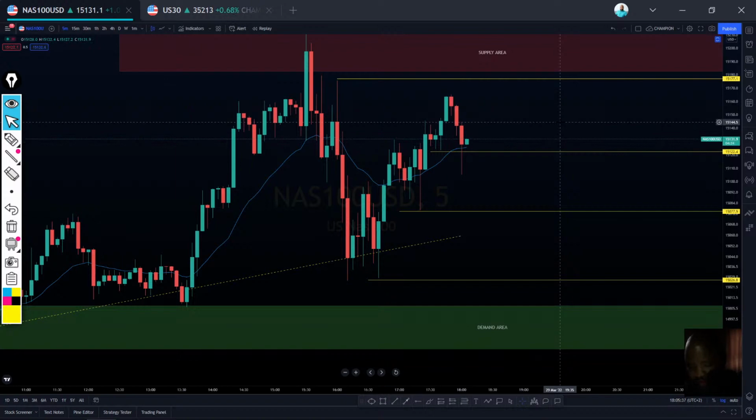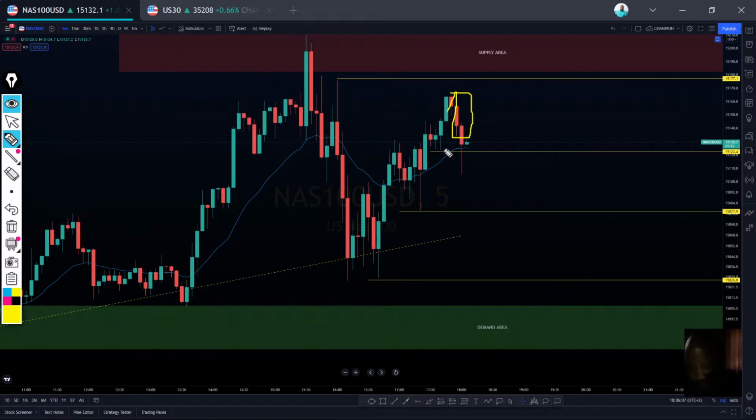So the definition of the three black crows here says it is a bearish candlestick pattern that is used to predict the reversal of a current uptrend. I hope you guys are able to get what I'm trying to explain. So this is our three black crows.